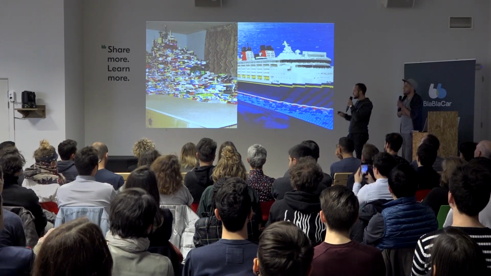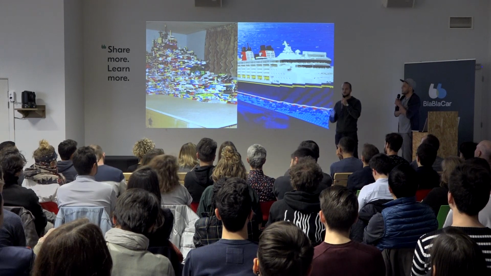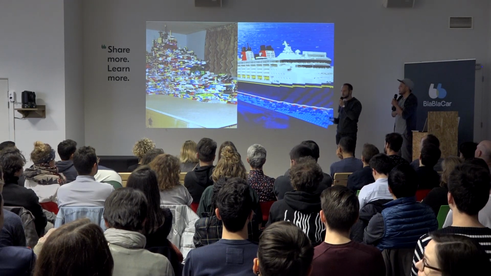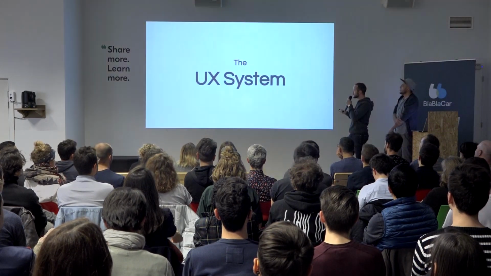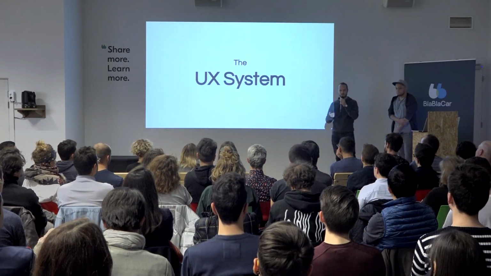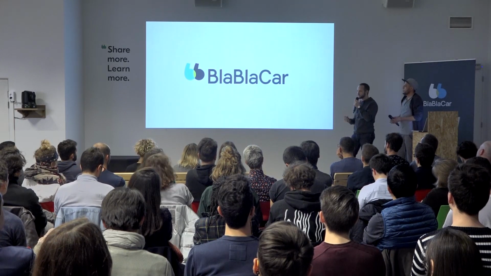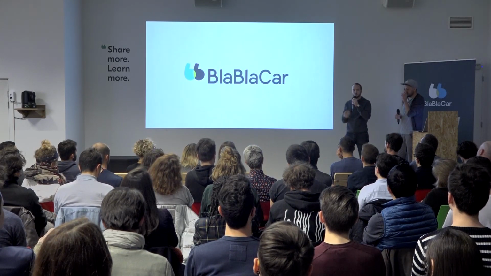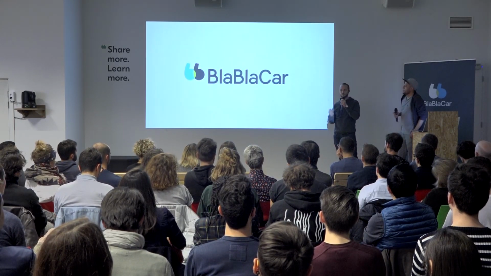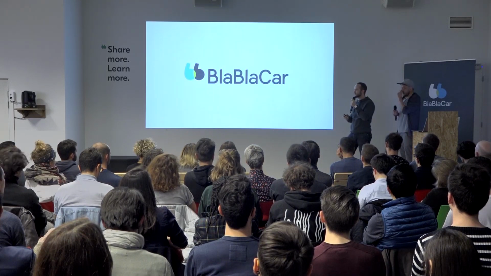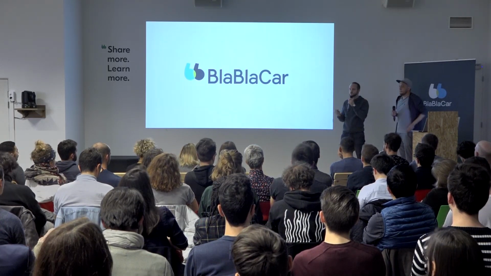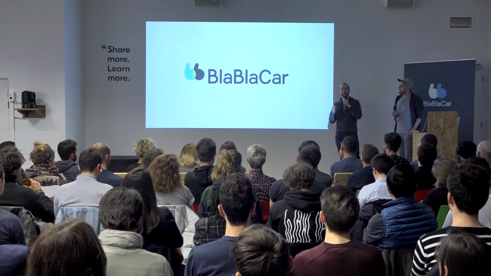So we decided that we needed to introduce more UX guidelines to our system. In 2017, BlaBlaCar was starting to rebrand itself, so we took the opportunity to rebuild our library. We knew that we didn't want to only change colors and fonts.